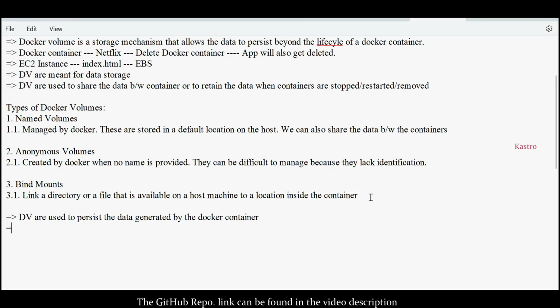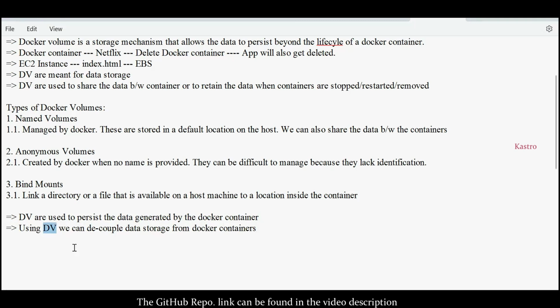Another advantage is that using Docker volumes, we can decouple data storage from Docker containers.